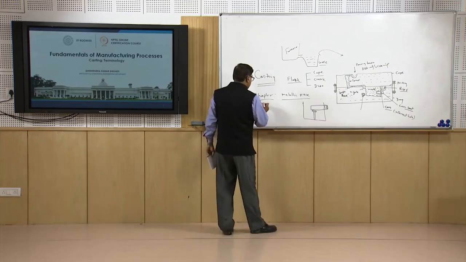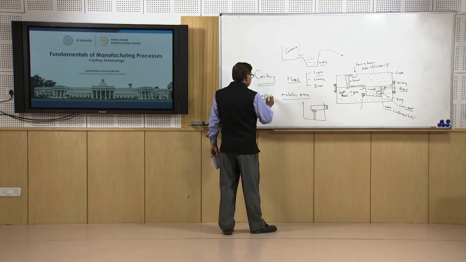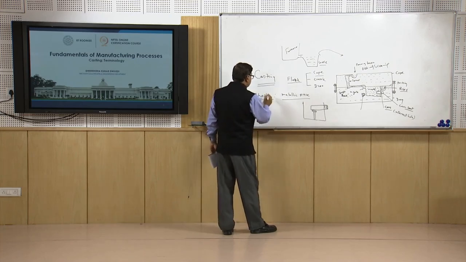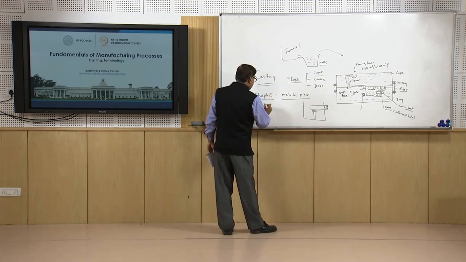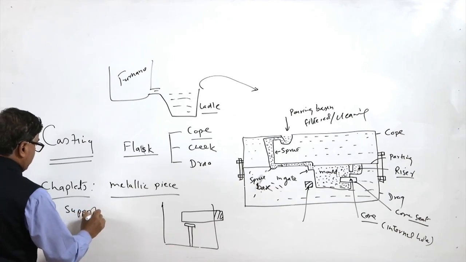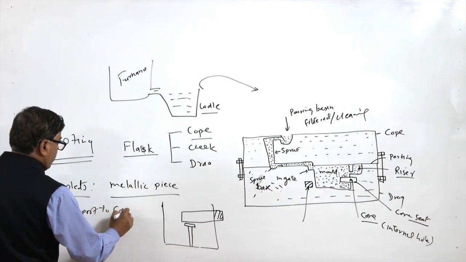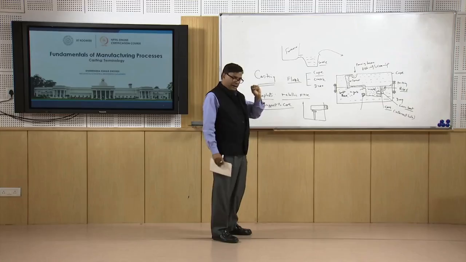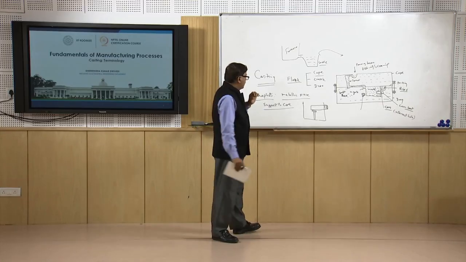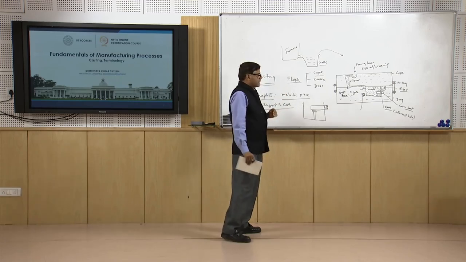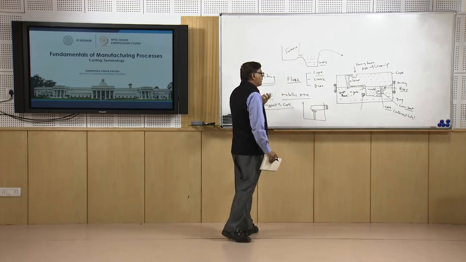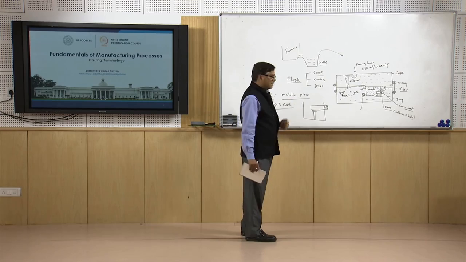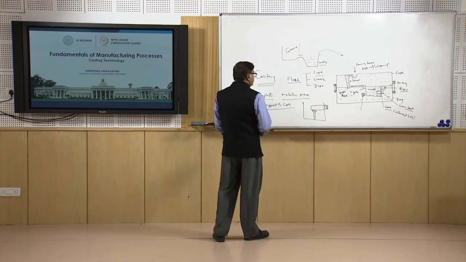So, basically the chaplets provide support to the core, so that it does not break, or its position is not disturbed in the casting, so that we can have the internal cavities at the desired location.